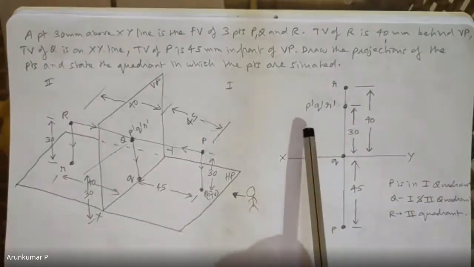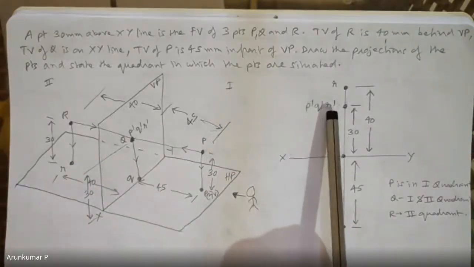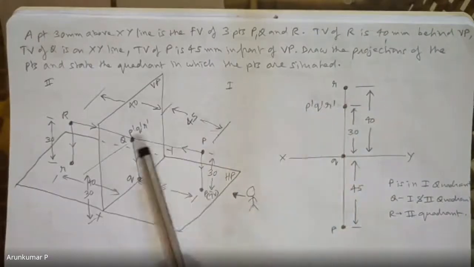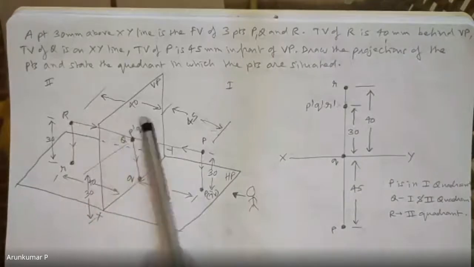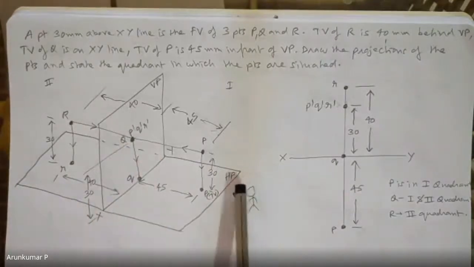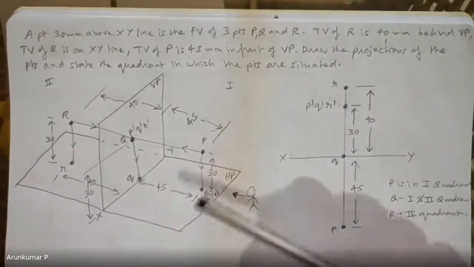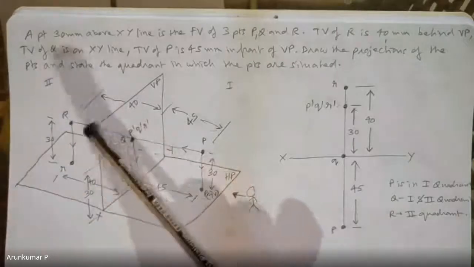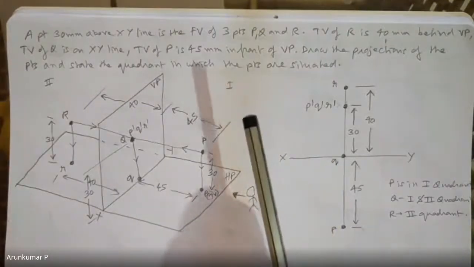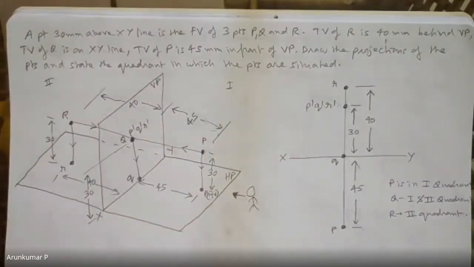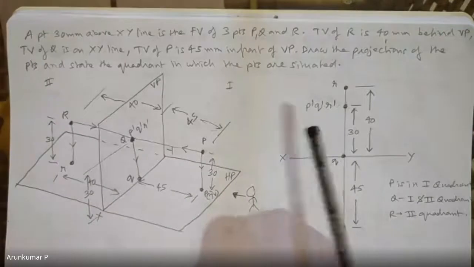You getting my point? There are 3 front views at the same location. You can see here P dash, Q dash, R dash. Now, if you are looking in this direction, you are going to see only one of the front views, not all the 3. Which is the front view that you see? Which is the front view that you don't see? Because what you don't see, you have to put in brackets.